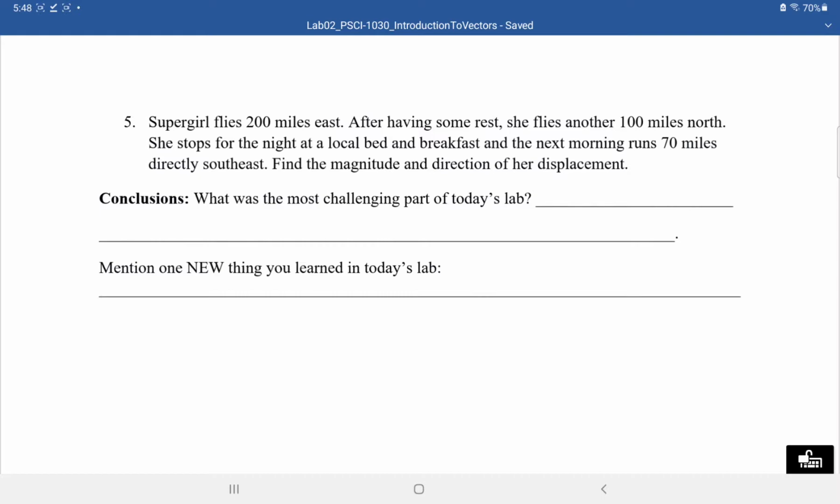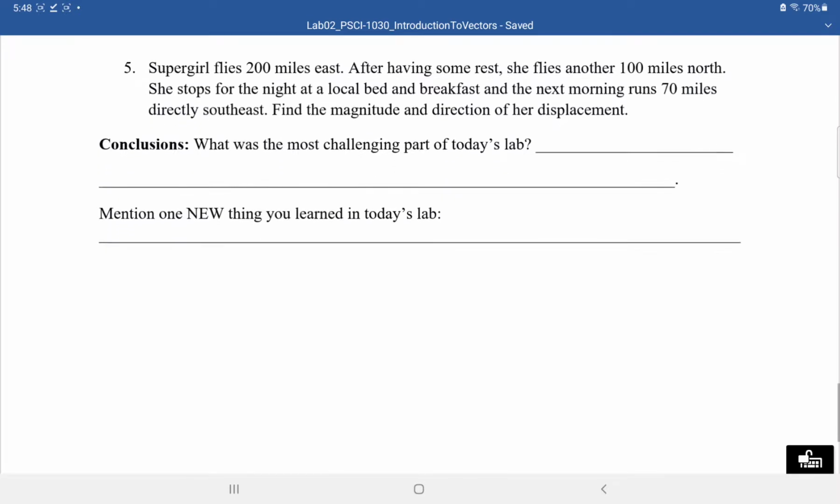I'm just showing you some clues to solve this problem. What Supergirl is doing here is flying 200 miles east. I can draw a line that is 200 miles east, right? This is the east.